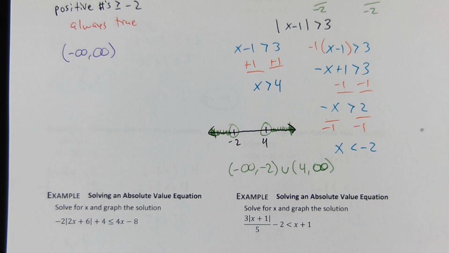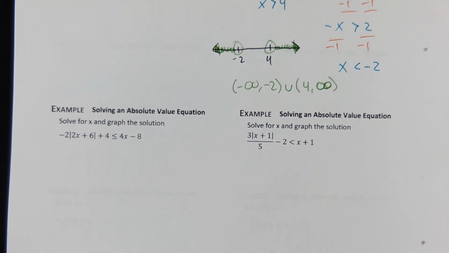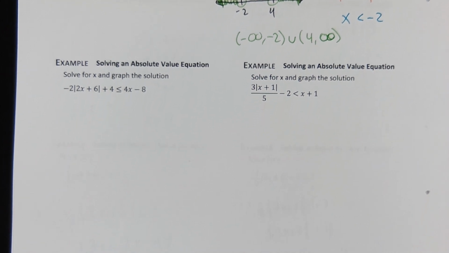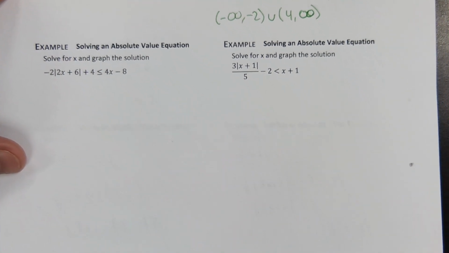Now the last two examples are just there to be more challenging, but they're not different. They're just more challenging because there's more stuff going on. But it's done the same way. Nothing crazy here. Let's isolate.